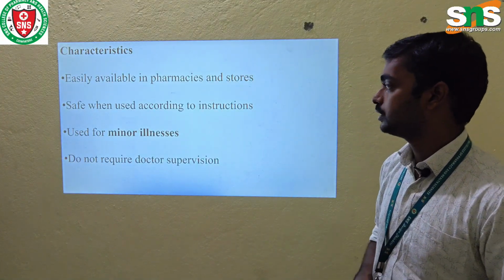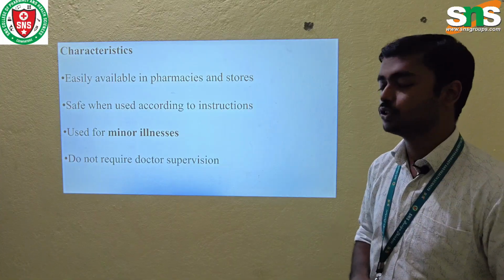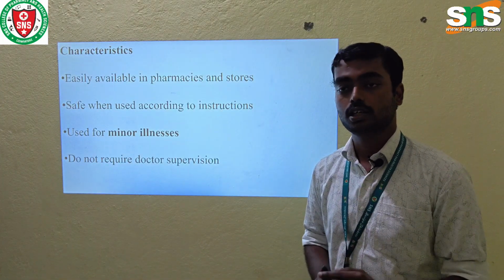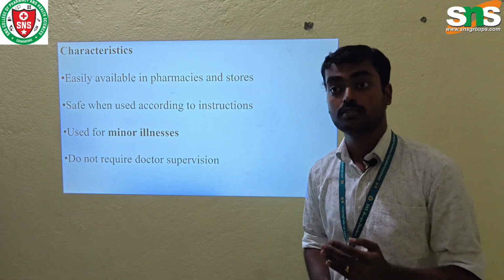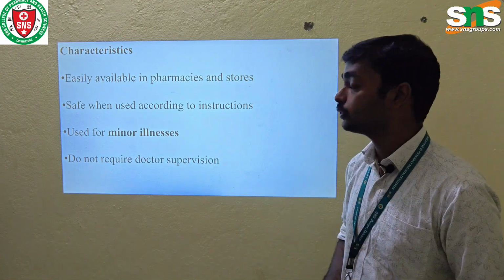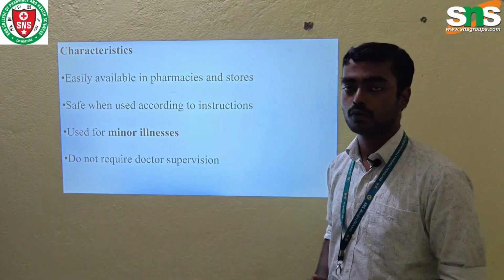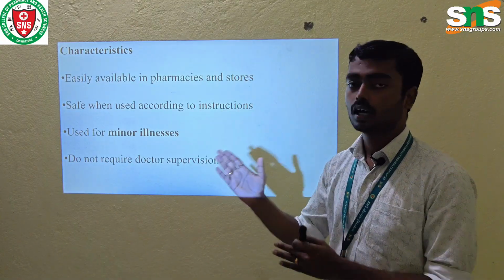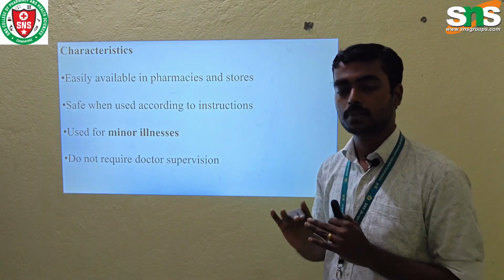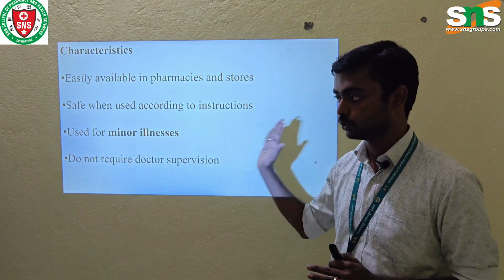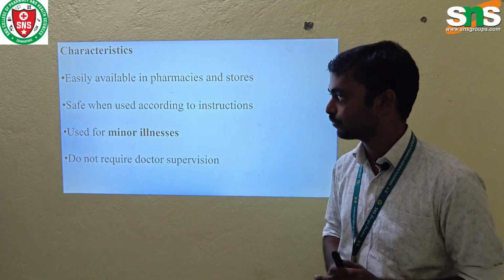They should also be safe when used according to the instructions, by the physician or in the manual on the back of the cover, which describes how to use the drug. So we should use this type of drug according to the instructions.